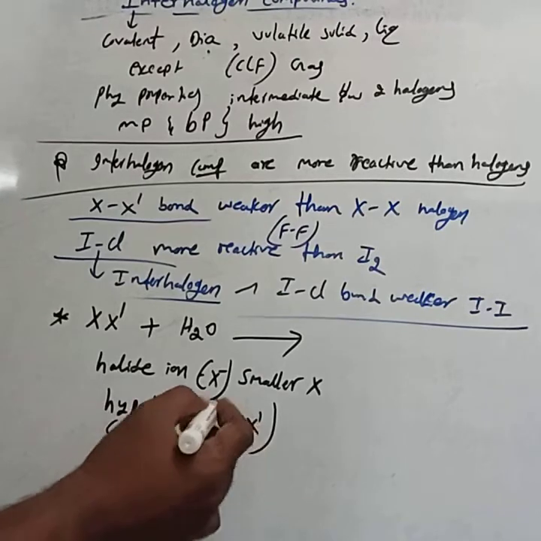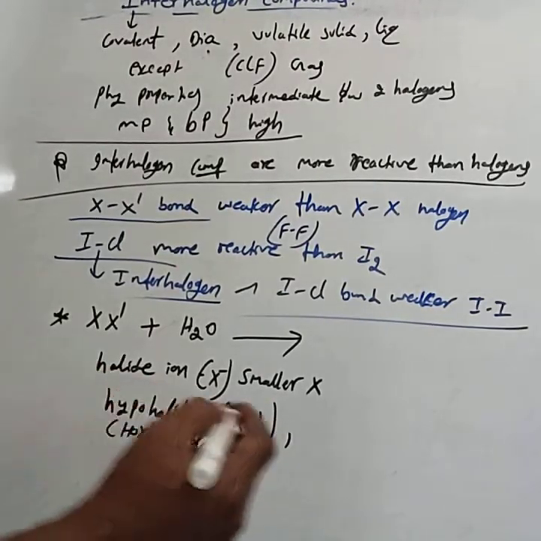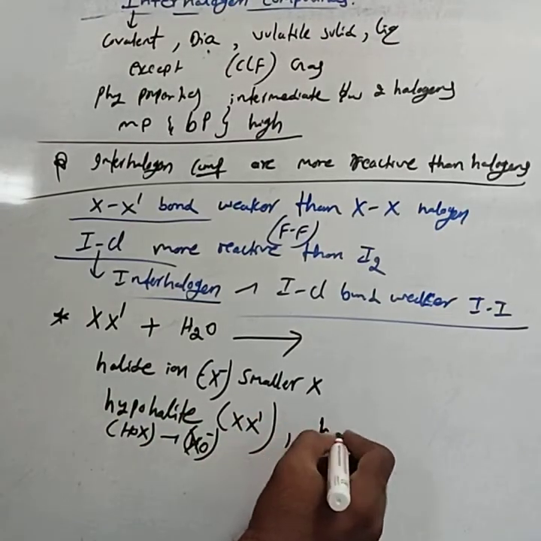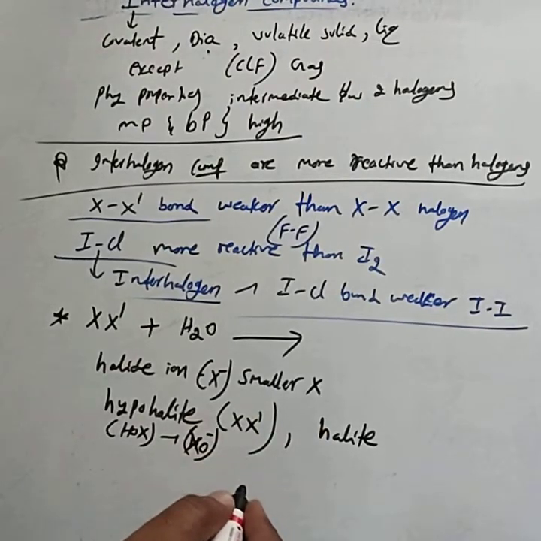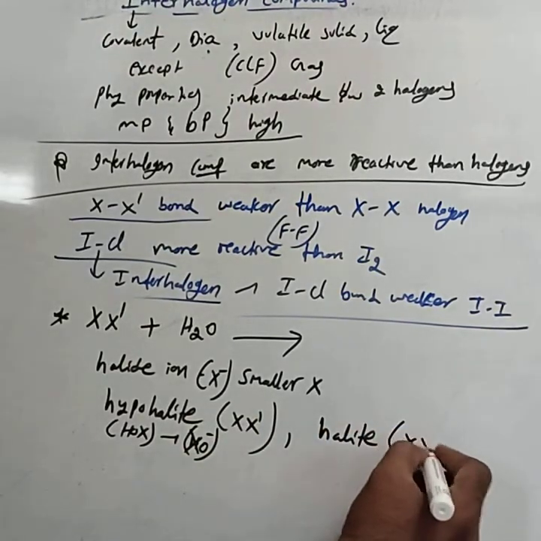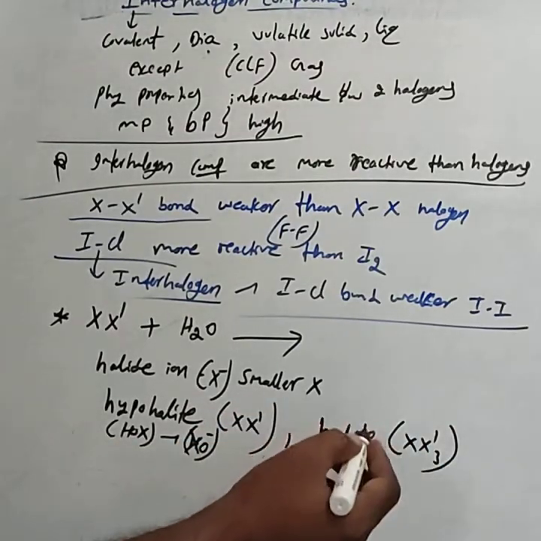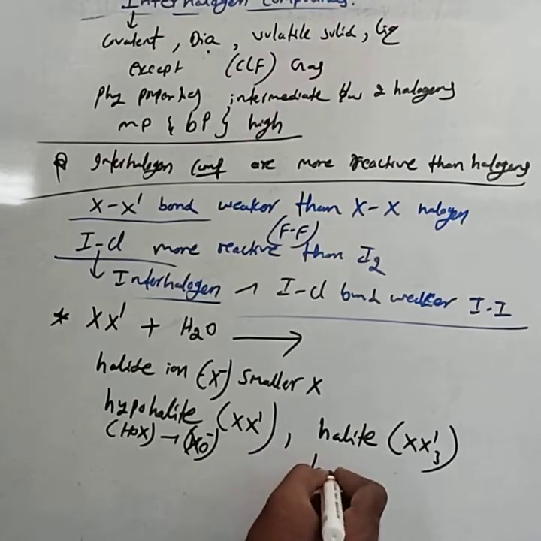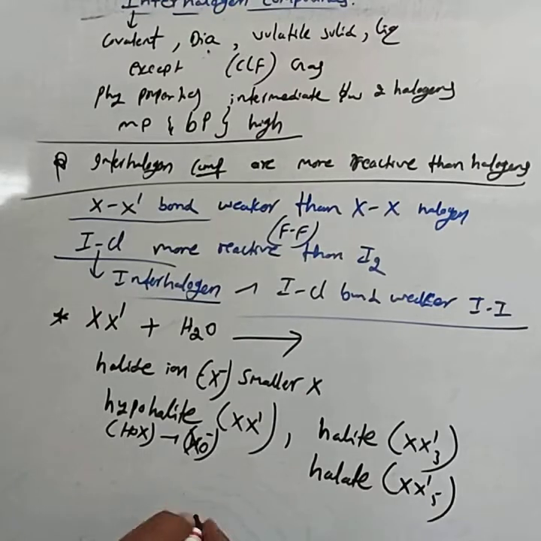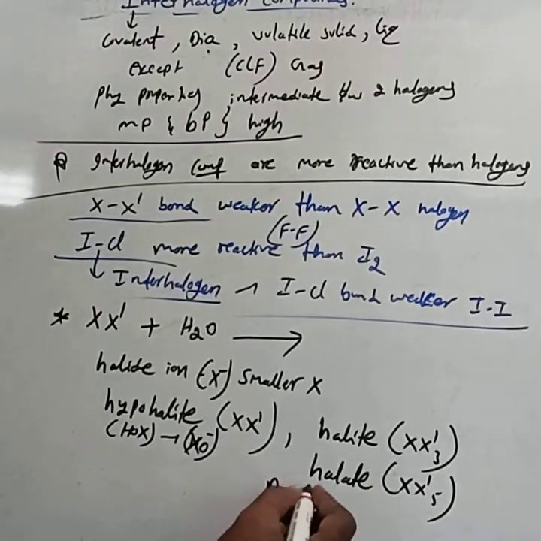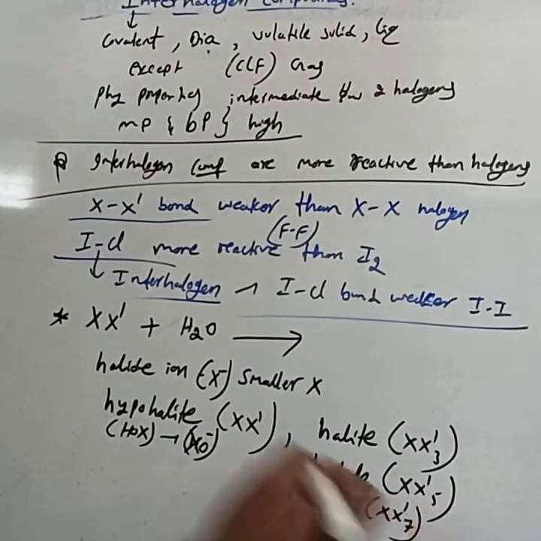If you use XX'3, you get a halite ion. For XX'3, you get a halite ion, and for XX'5, a halate ion, or a perhalate, that is XX'7.